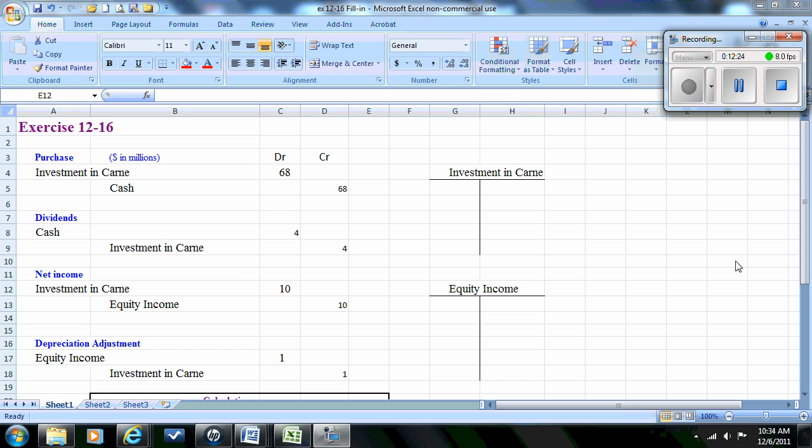Let's take our journal entries and post them into two accounts, the investment in Carney and equity income, and determine the ending balance at the end of the year. Our investment in Carney began with a debit of $68 million from the purchase. When we received the dividends, we reduced the investment by $4 million.